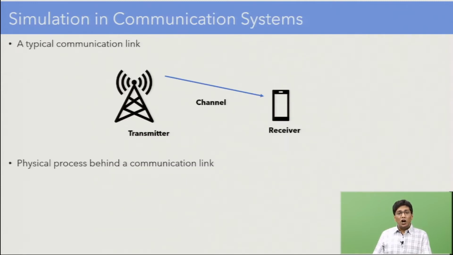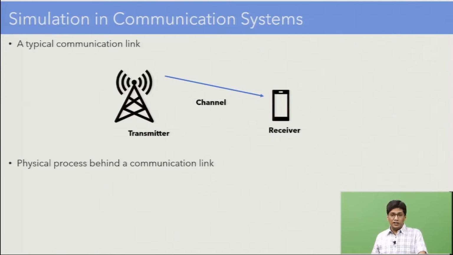So, let us see how we can simulate a communication system. Let us talk about a typical communication link. Suppose you have a transmitter and a receiver, and there is a channel in between, and we want to simulate the system, whatever the physics behind it, and our goal may be to understand how the system performs.